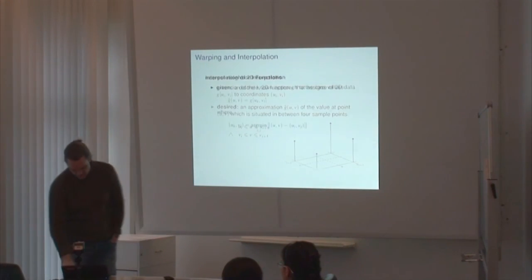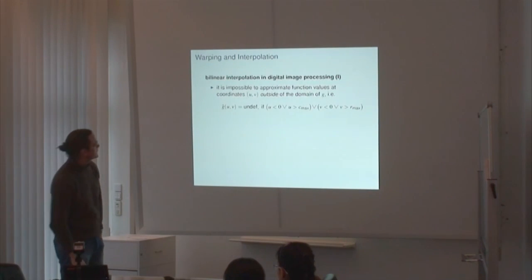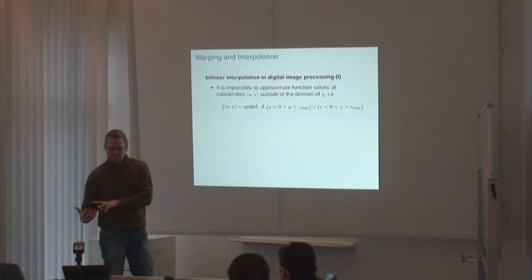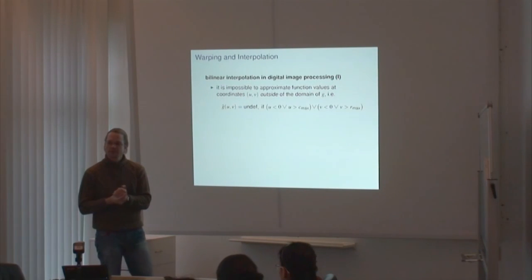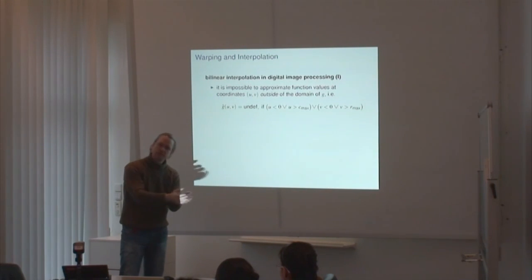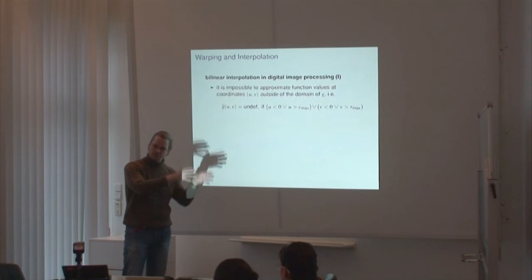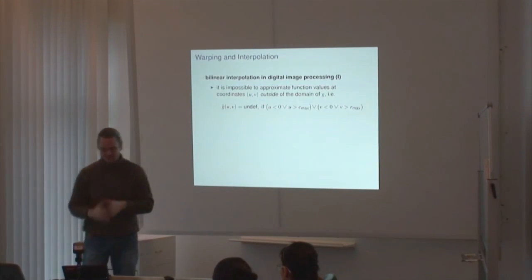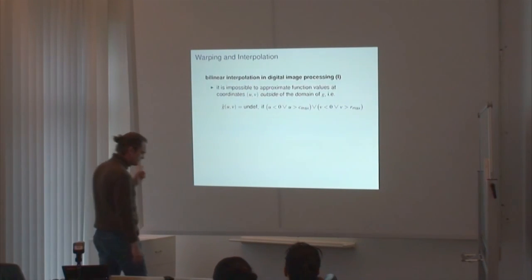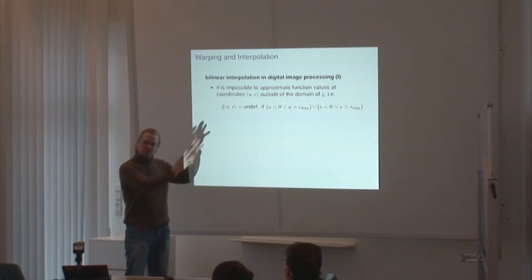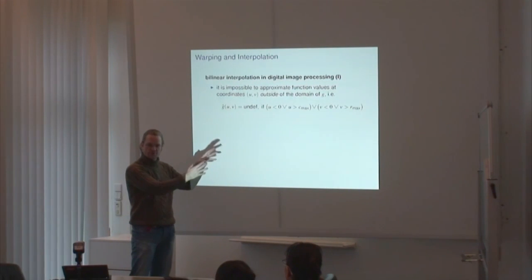And this is what I wanted to say here, that by computing these inverse transformations, it may happen not only that we end up at real valued coordinates instead of discrete coordinates. So we may have to interpolate, and in general we have to interpolate, but it can be even worse in the sense that this inverse transformation leads us out of the domain over which the original image was defined.